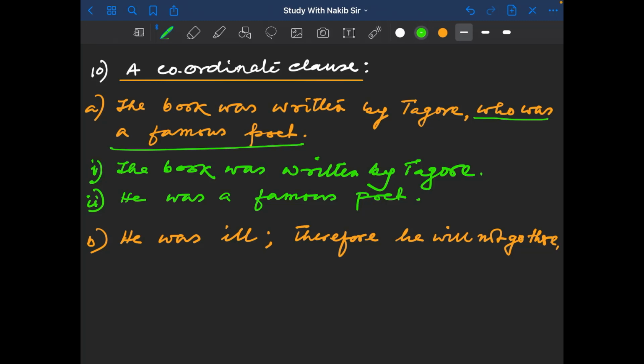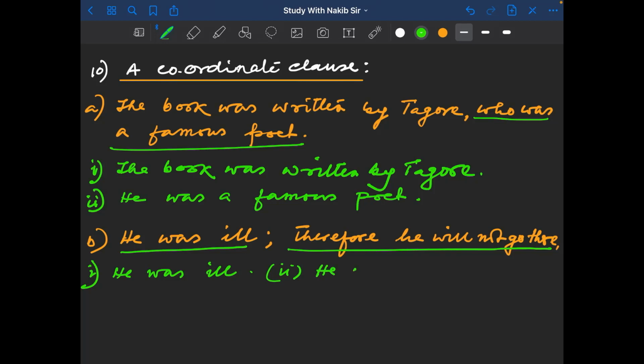Okay. Therefore, he will not go there is a coordinate clause. And this is another coordinate clause. So break the sentence. Breaking a compound sentence is easier. The first one, he was ill. Number two, he will not go there.